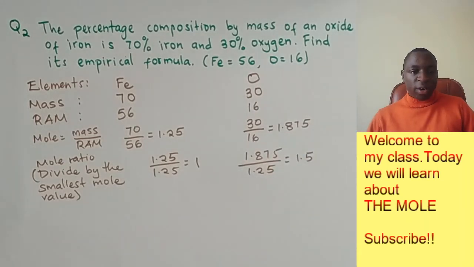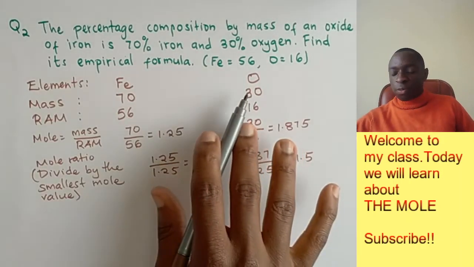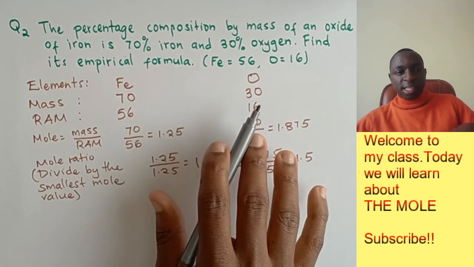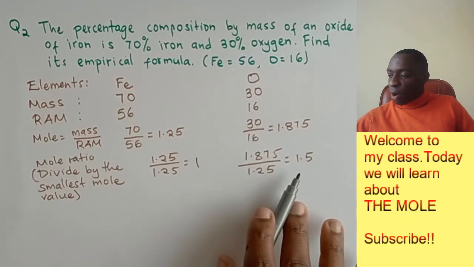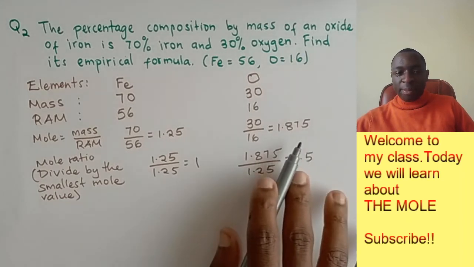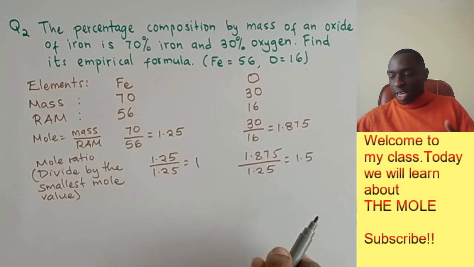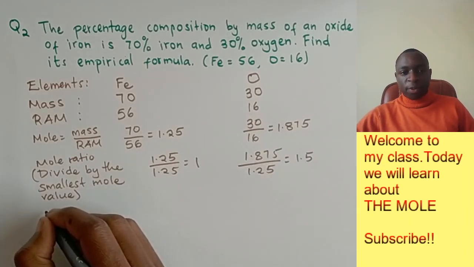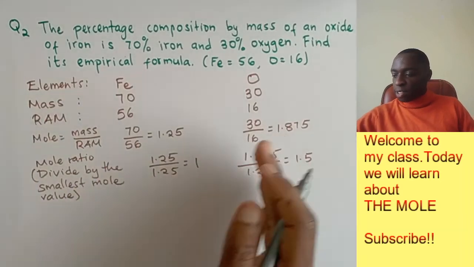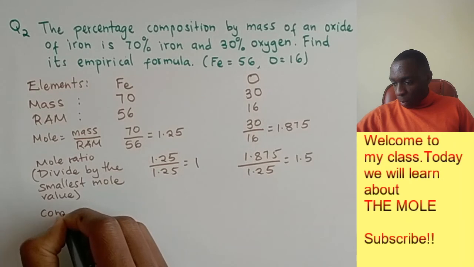Now, when you get to such a level, we cannot have 1.5 atoms of oxygen, because these are particles. They need to be in whole numbers. So to eliminate the decimal, if it is a 0.5, then we will have to multiply by 2. We multiply everything of these mole ratios by 2. Call it the combining ratio.